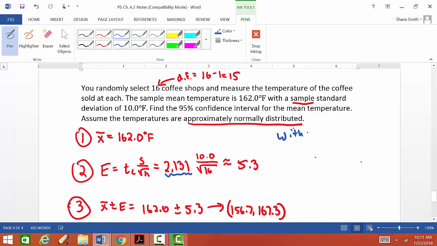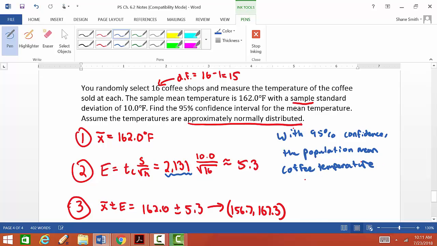So our sentence is: 95% confidence, the population mean coffee temperature is between 156.7 degrees Fahrenheit and 167.3 degrees Fahrenheit.